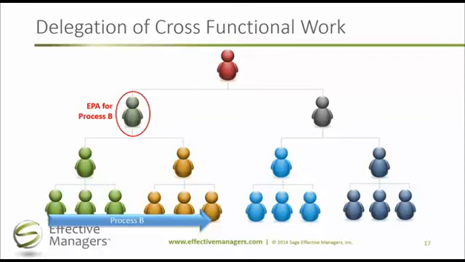So workers in Department Green do some work collaboratively, and then the output of their work goes to Department Gold, and then they continue working on this. So this could be processing sales invoices.